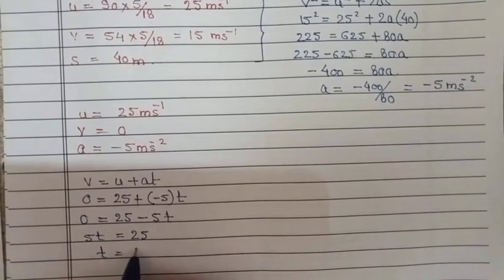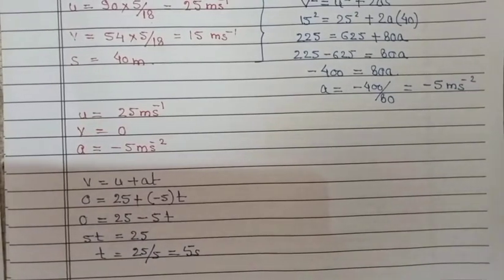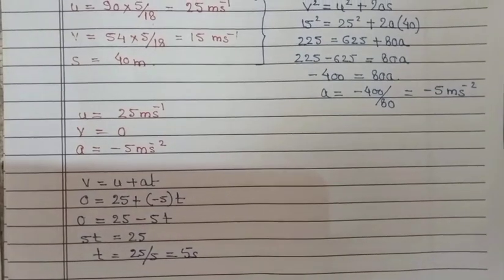So time is 25 upon 5, that is equal to 5. So that means the bike comes to rest in 5 seconds. And now we need to calculate the total distance traveled. So let's calculate the total distance traveled.